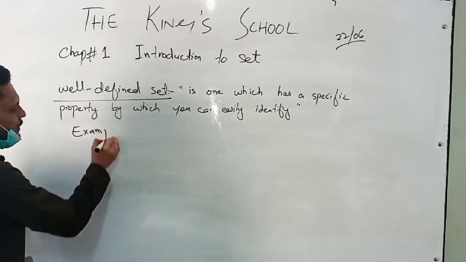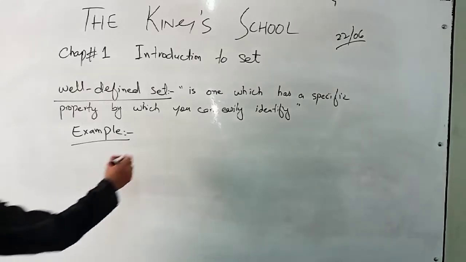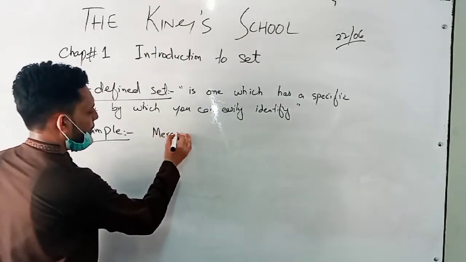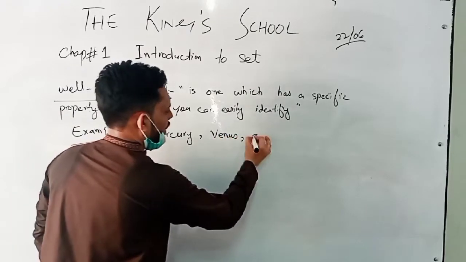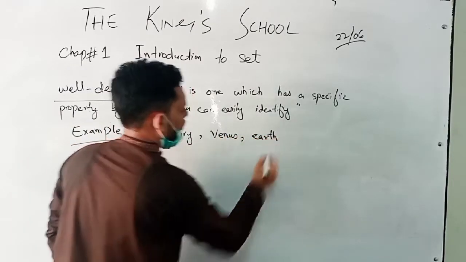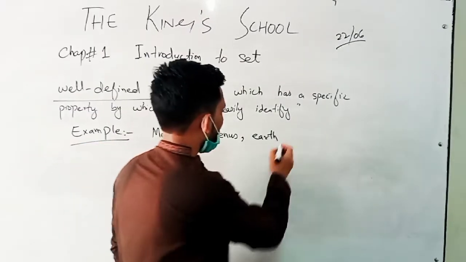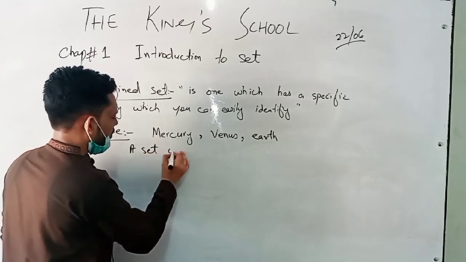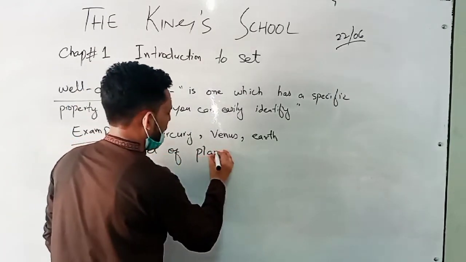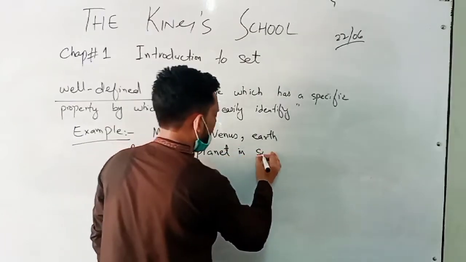For example, if we have Mercury, Venus, Earth, we can say that it is a set of planets in the solar system.